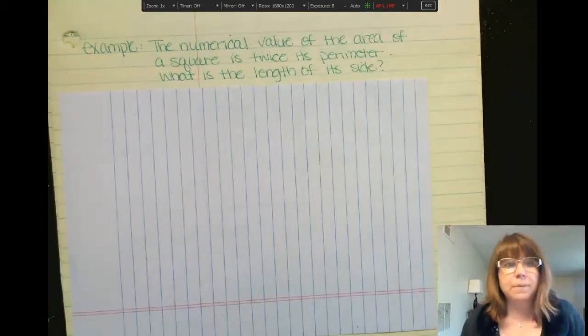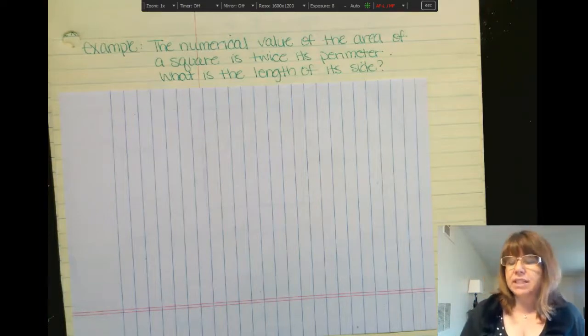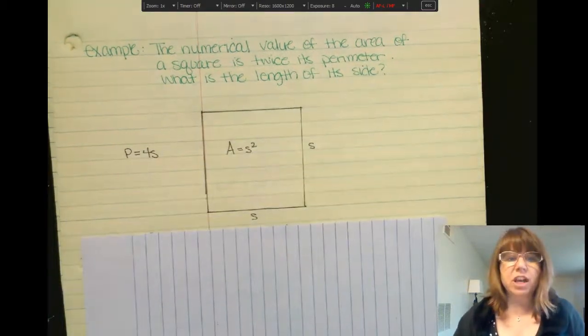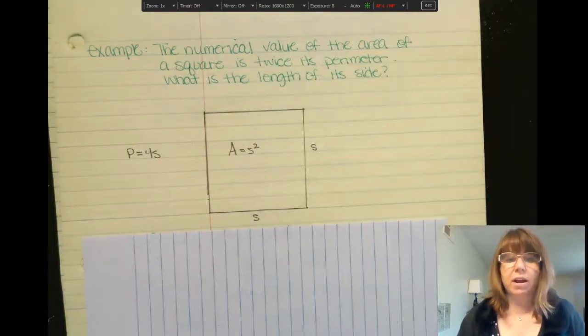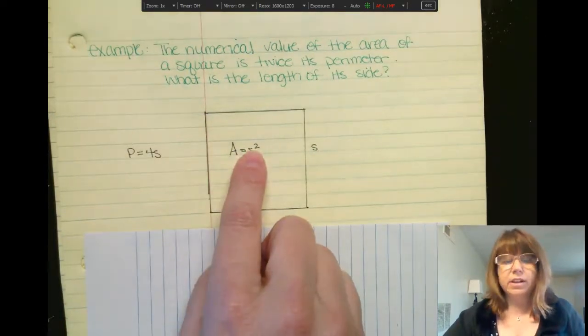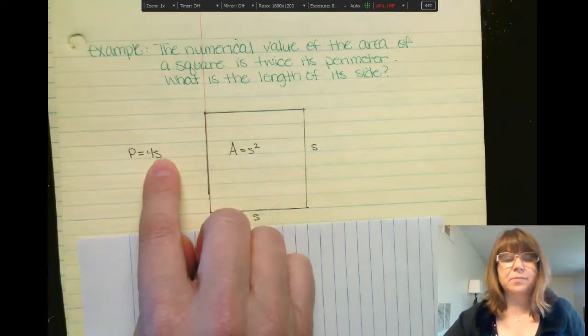Let's try another example. The numerical value of the area of a square is twice its perimeter. What is the length of its side? So here I have all the information I know about a square. My area is the side squared, and my perimeter is 4 times s.